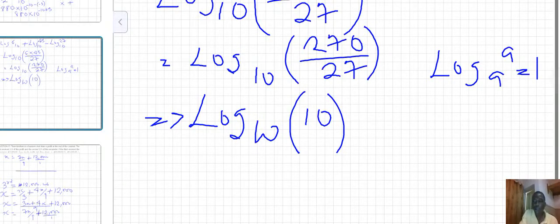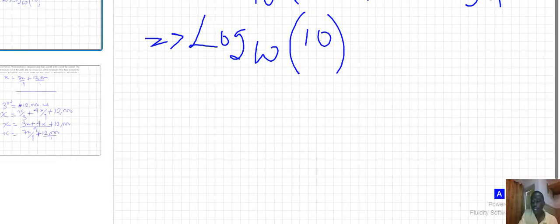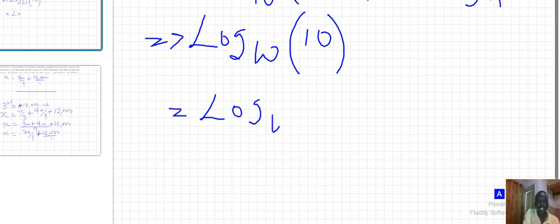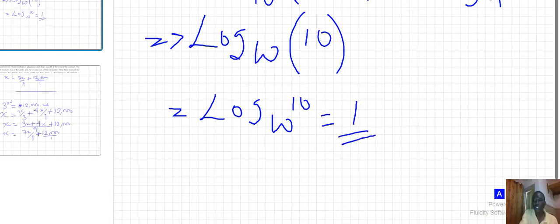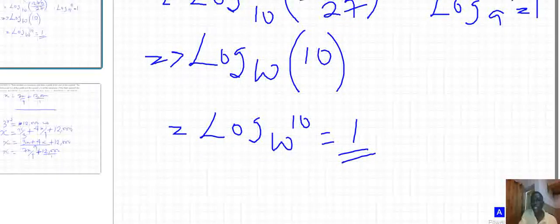So log 10 base 10 will be equal to 1. Our result for this part is 1.